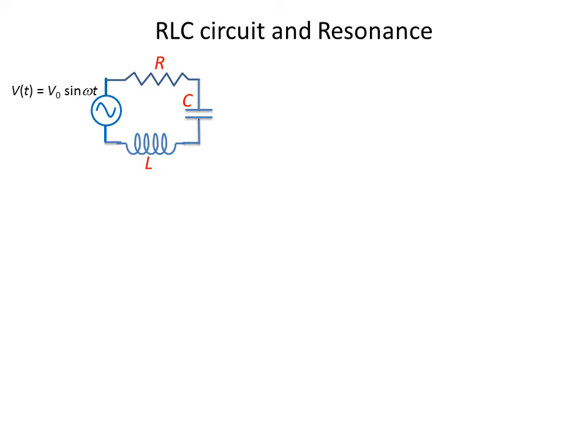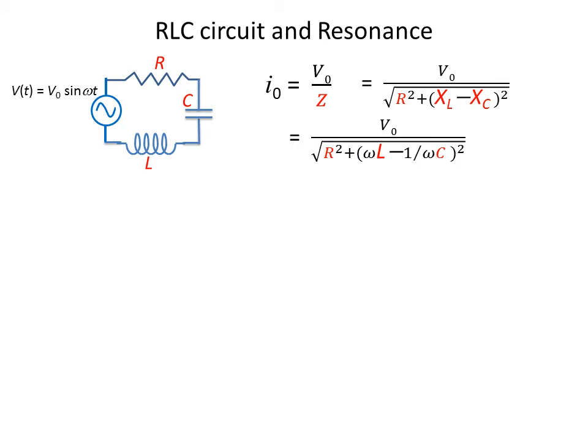If we look at this RLC circuit and ask what the current response is, we have I_0 equal to V_0 divided by Z, which is V_0 divided by the square root of R squared plus (X_L minus X_C) squared. Plugging in the values of X_L and X_C, we have V_0 divided by the square root of R squared plus (omega L minus 1 over omega C) squared.